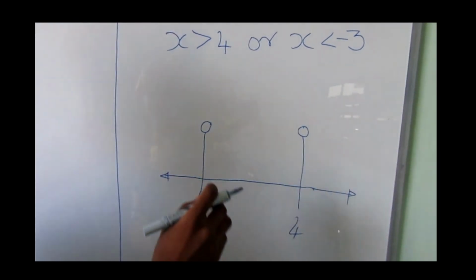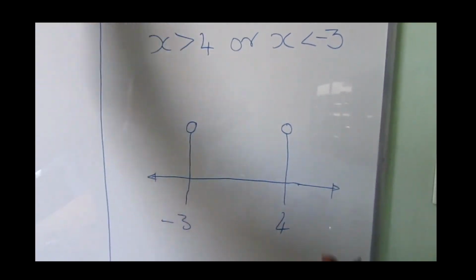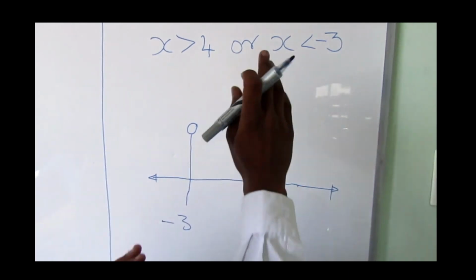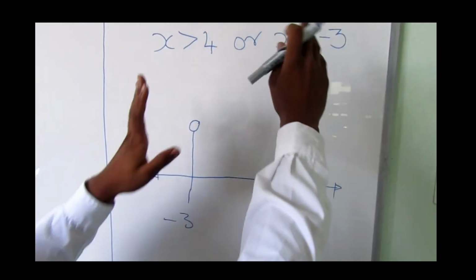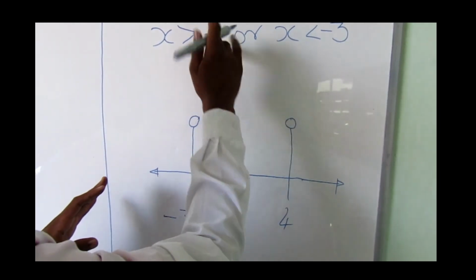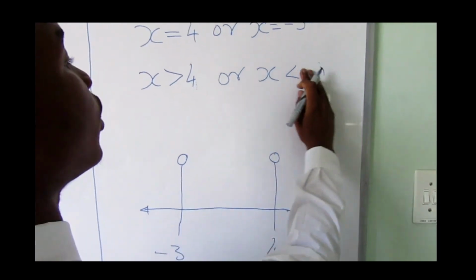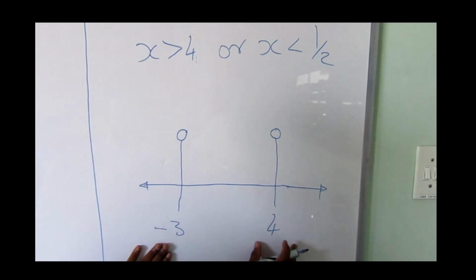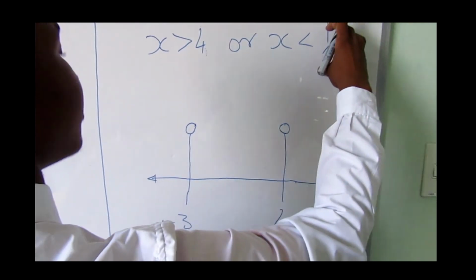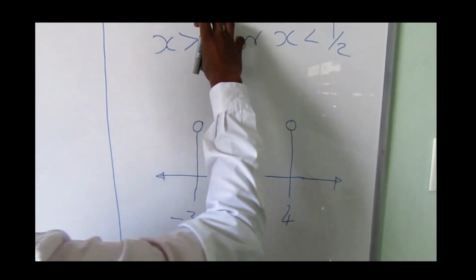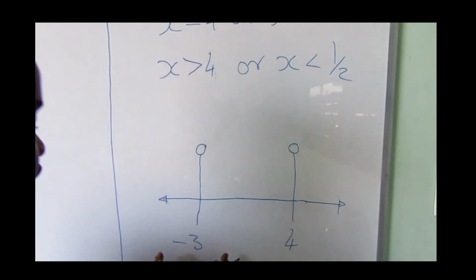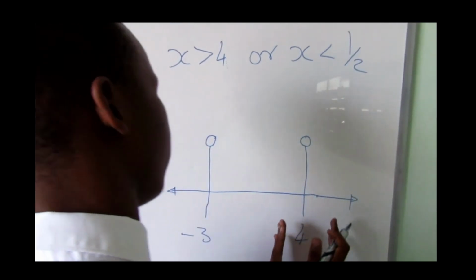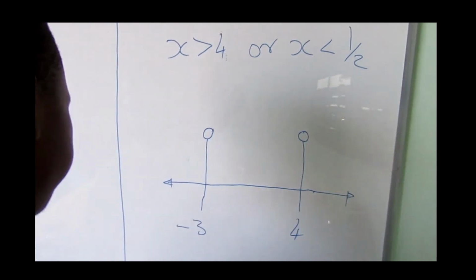Then, there are some equations that won't give you a negative value. Let us take this was 4 and this was half. What we are going to do here is to take this half and put it here, and this 4 and put it here. This value that is always here must be less than this value.